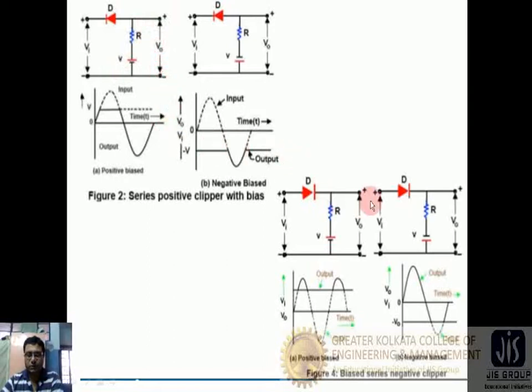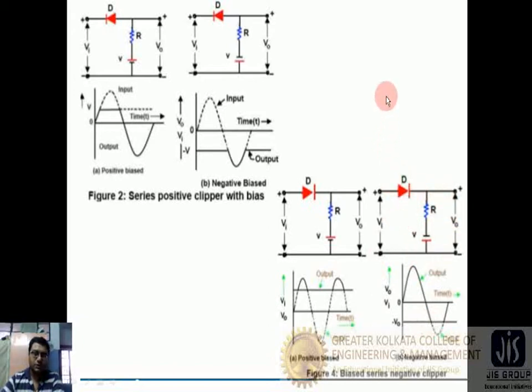So in this way, the same phenomenon happens. If you analyze carefully, you will get a negative clipper. All the negative portions will be clipped out for this circuit, and for this circuit you will just get these portions of clipping out of this circuit.